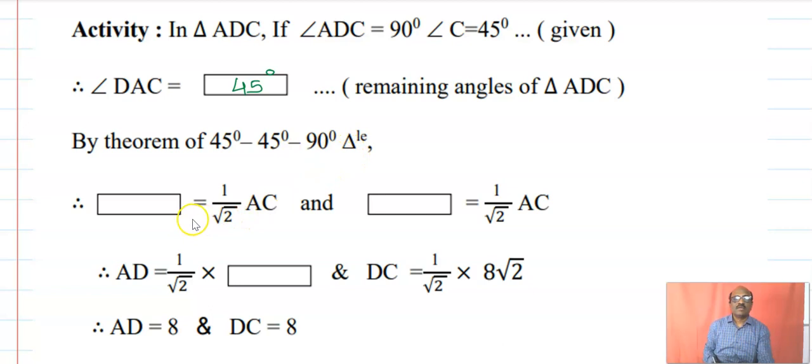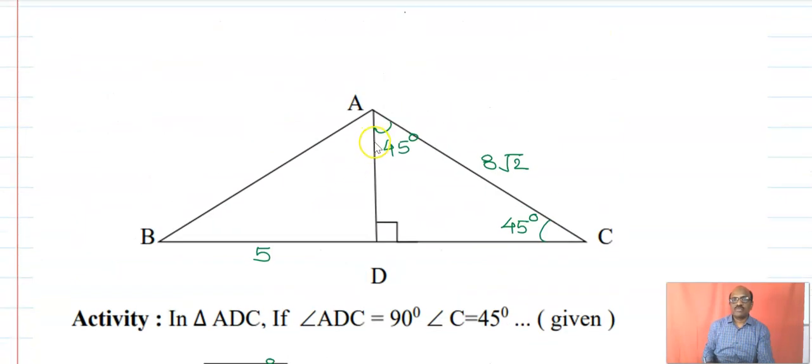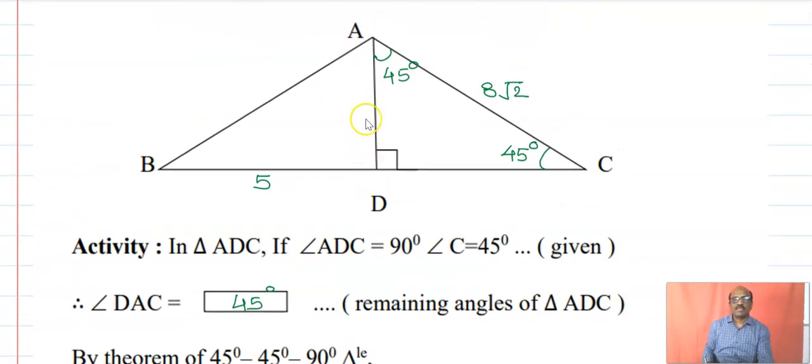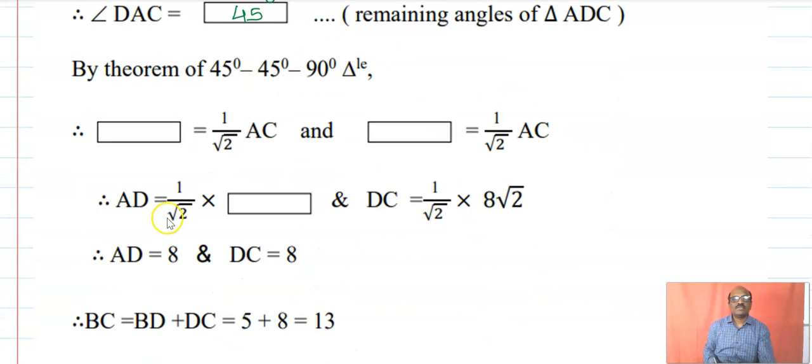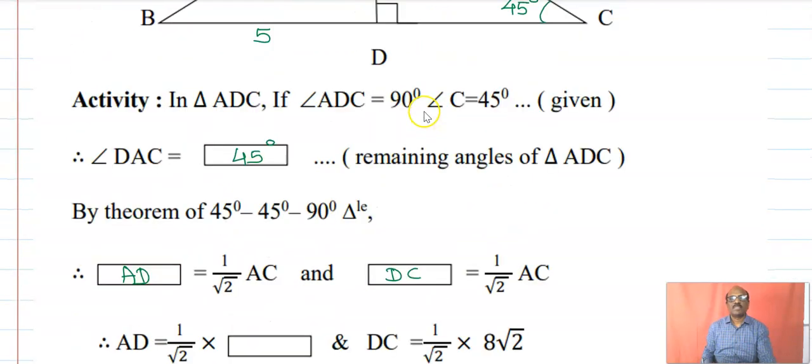Then find out the values. AD is equal to 1 upon root 2 into AC, and DC is equal to 1 upon root 2 into AC.